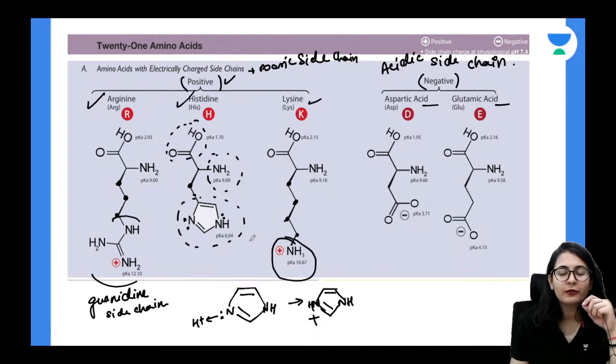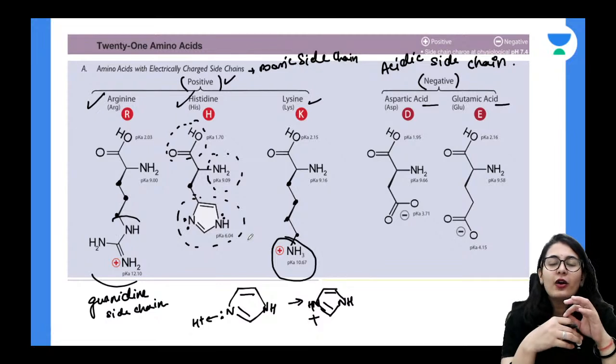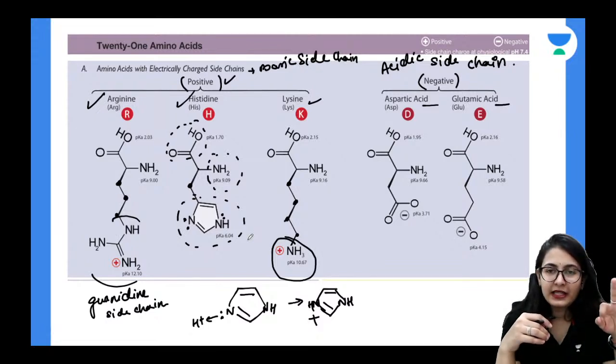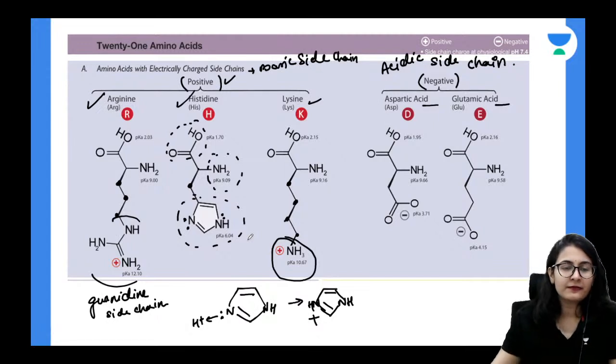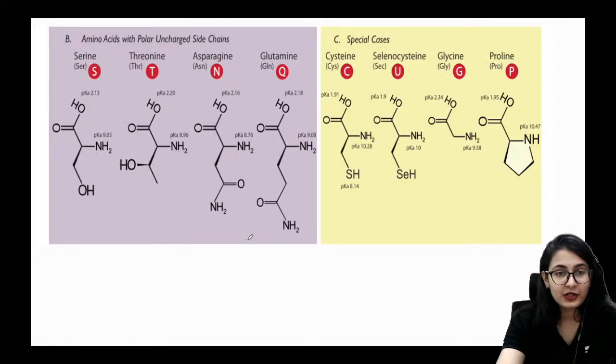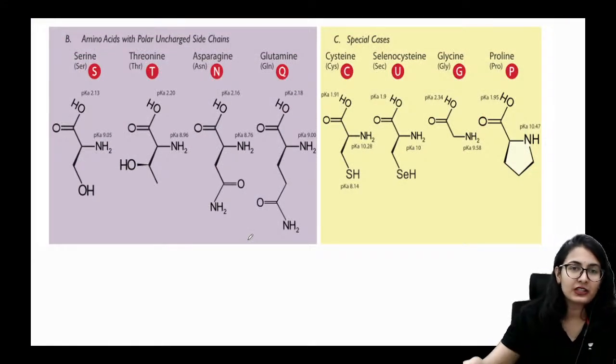One simple amine group. Okay, nothing else. All right. Only three basic side chain molecules: arginine, histidine, and lysine. Yes, very very simple. Chalo. We are going to come back on these molecules and calculate the isoelectric pH. But first, let's see some more classification.